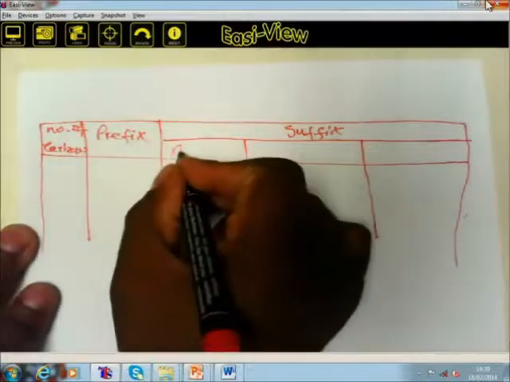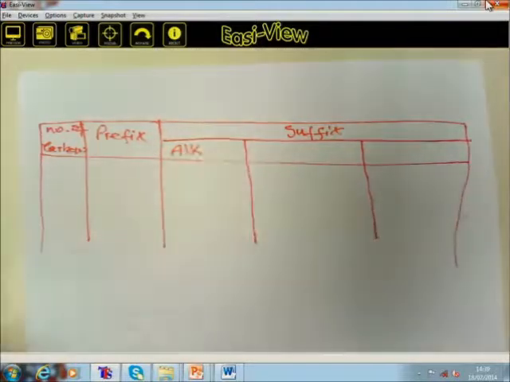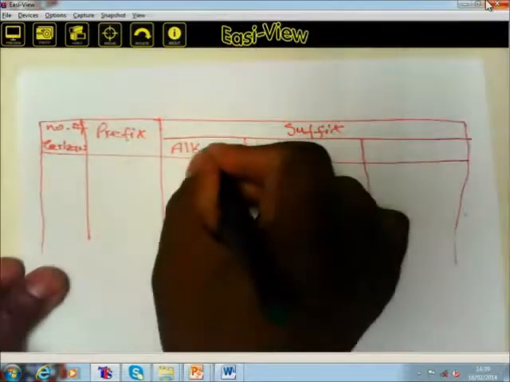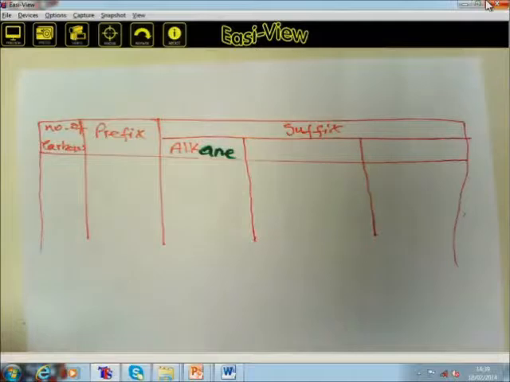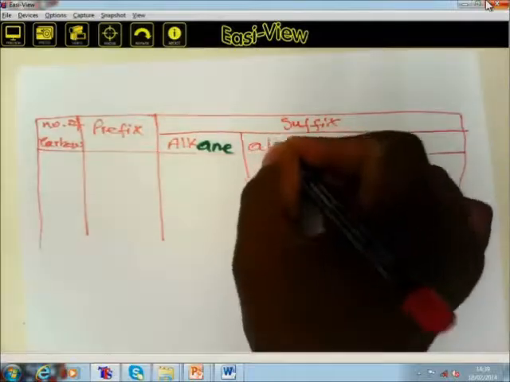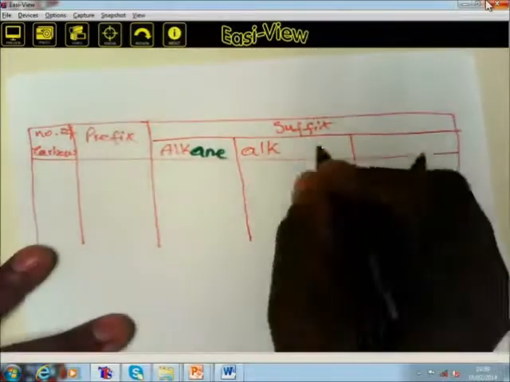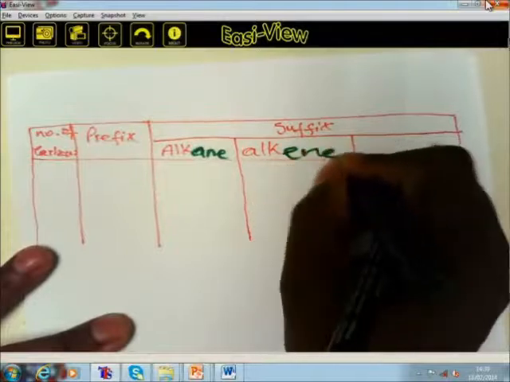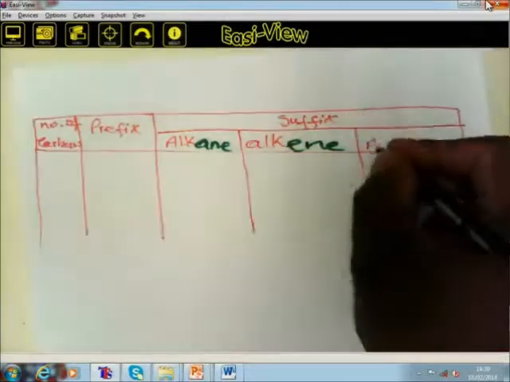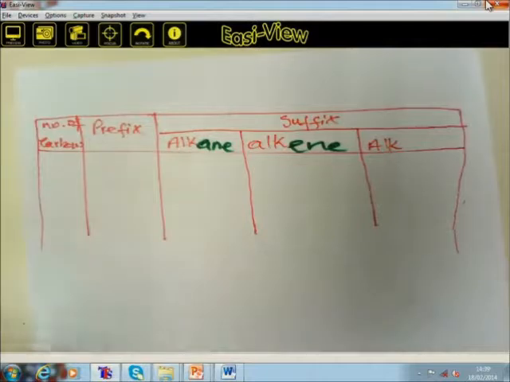So this one we'll call it alk, and then let me change the pen here and call it alkane. And then the next one, alkene. And the last one, alkyne.